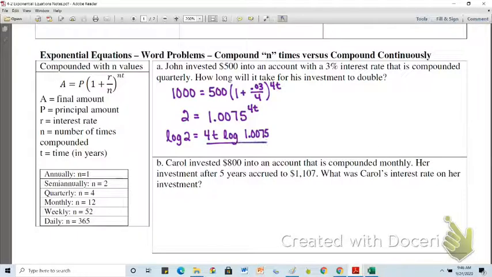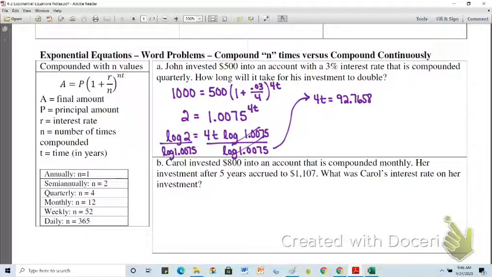So if I want to isolate, I'm going to divide by the log. Remember, I'm moving everything away from t. So I end up with 4t equals 92.7658.